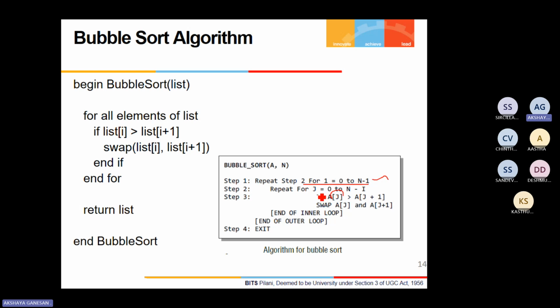And every time j will be incremented by 1 only. So j plus 1, j plus 1. That's how you keep on doing the comparison. You close the inner loop, right? Now you come back, repeat this for the next pass.